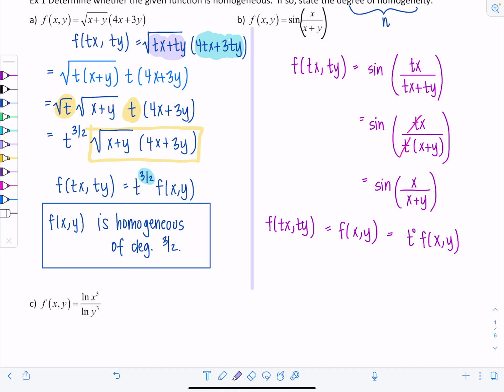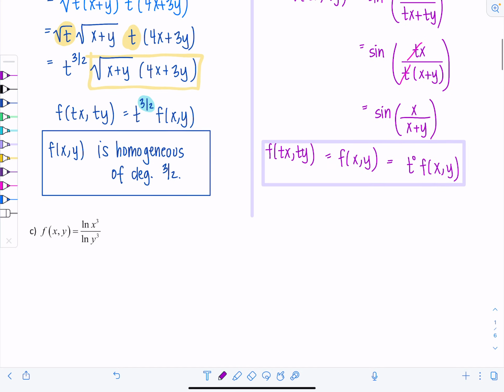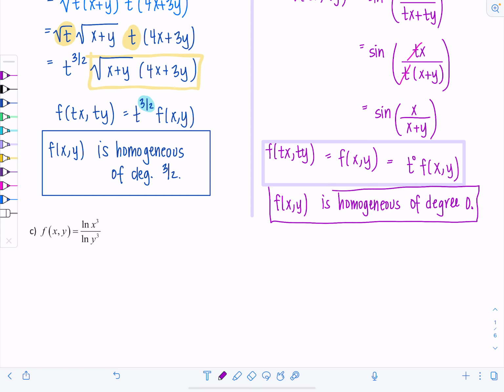That means this function is indeed homogeneous, okay? But what degree would it be? Can you figure that out? Yes, f of x, y is homogeneous of degree 0. Good. Let's box that too. That was an exciting moment for us.